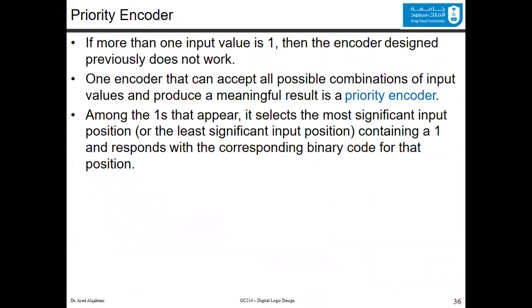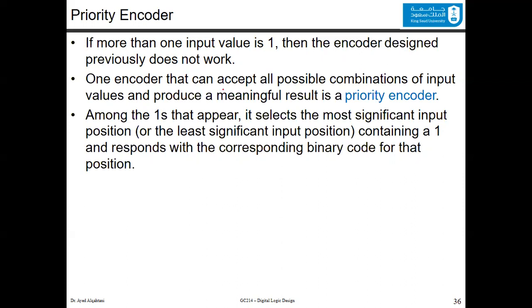Now we will see the idea of the priority encoder. In all the previous encoders and also decoders, we have only 1 bit that is equal to 1. In the encoder case, if you have more than 1 input value that is equal to 1, then the encoder designed previously doesn't work.